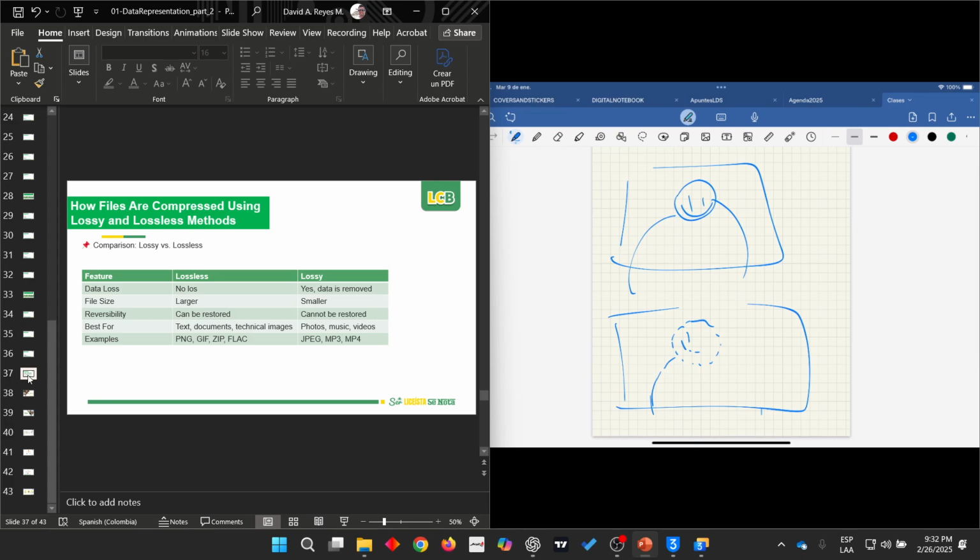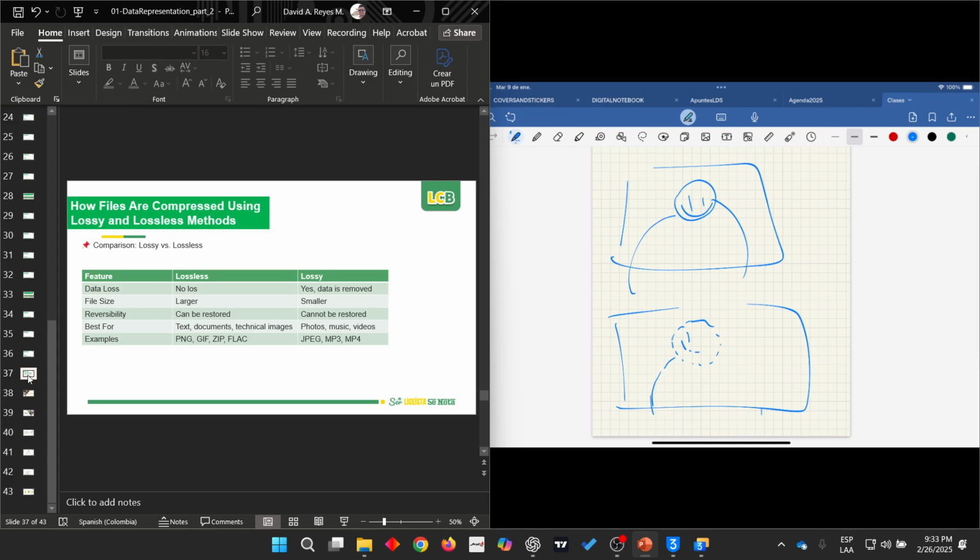So look at the comparison. Data loss: lossless, no loss; lossy, yes, information is removed. File size: lossless is larger, lossy is smaller. Reversibility, that means that you are going to restore the original file. In lossless, you can restore the file.